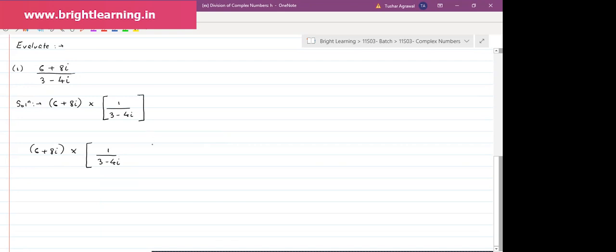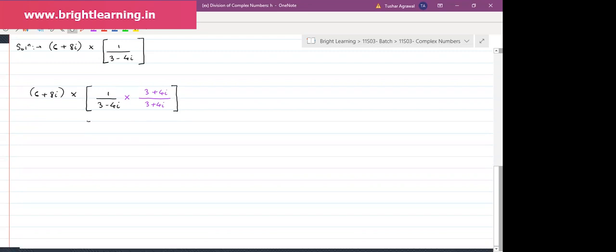To remember the inverse, multiply by 3 plus 4i in the numerator and 3 plus 4i in the denominator. This multiplication as such is completely meaningless, but still we are doing it.